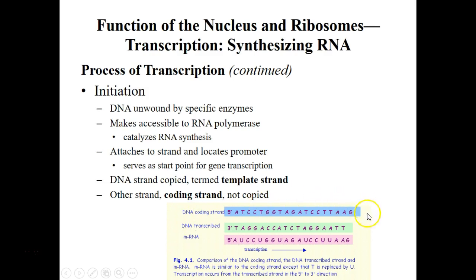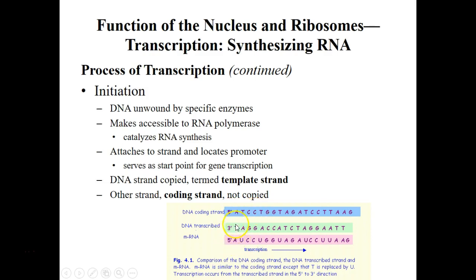If this is our coding strand, the strand that has the gene for insulin or whatever gene we care about, we use the template strand, the opposite strand, as the strand that our RNA polymerase binds. So RNA polymerase binds, and then we produce a copy of RNA from this template strand. This copy of RNA is going to be identical to the coding strand.